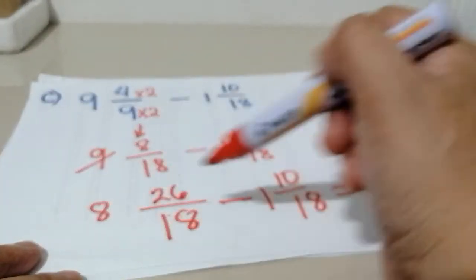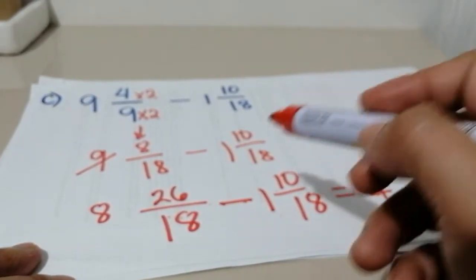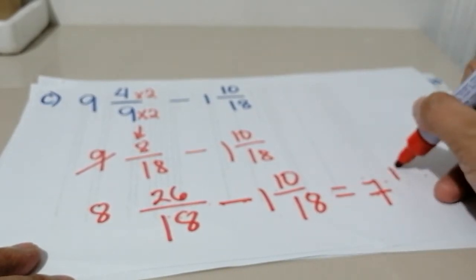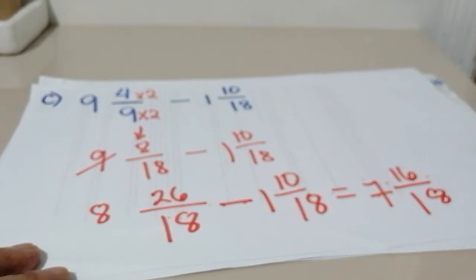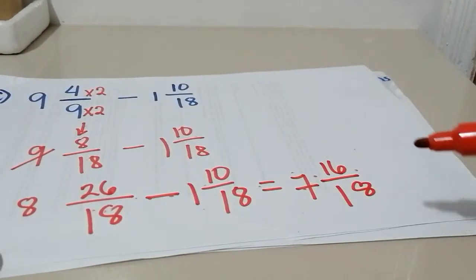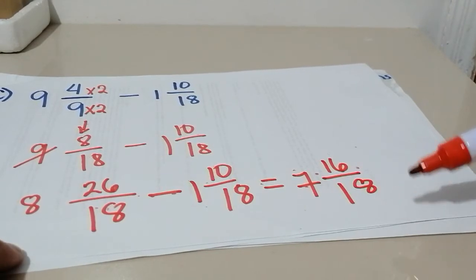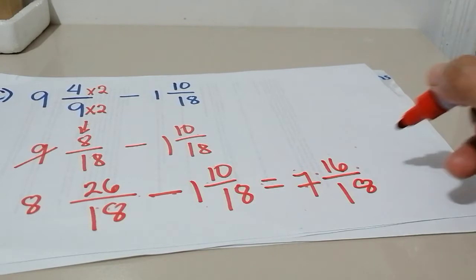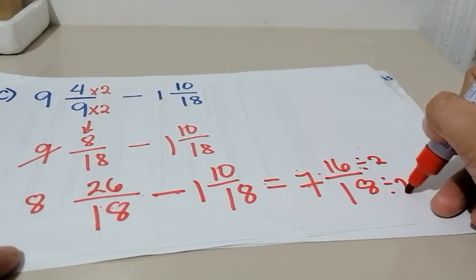So, 8 minus 1 is 7. And then, 26 minus 10 is 16 over 18. Okay? But as you can see here, 16 and 18 is not in simplest form. Why? Because 16 and 18 can still be divided by a number, and that is 2. So we can divide this by 2.